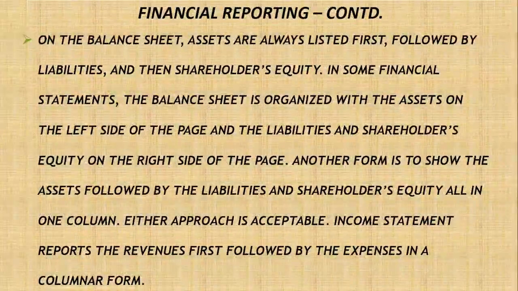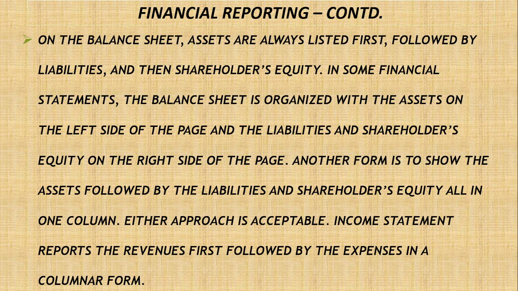On the balance sheet, assets are always listed first, followed by liabilities and then shareholders' equity. In some financial statements, the balance sheet is organized with the assets on the left side of the page and the liabilities and shareholders' equity on the right side of the page.